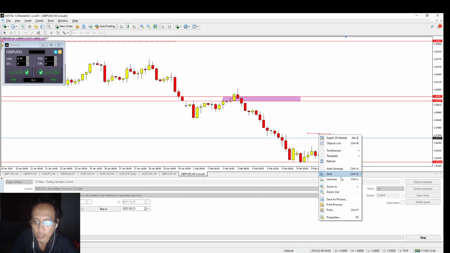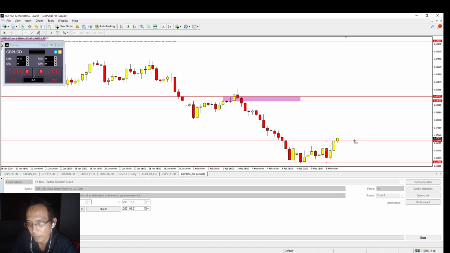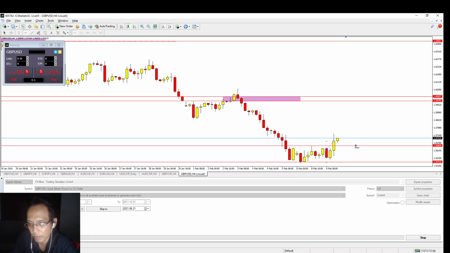So I haven't demonstrated limit yet, because I haven't activated one. In this case, a limit buy: let's just say you feel that price might come down first before going up.